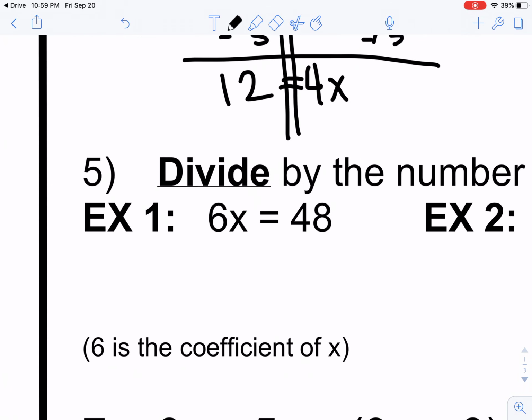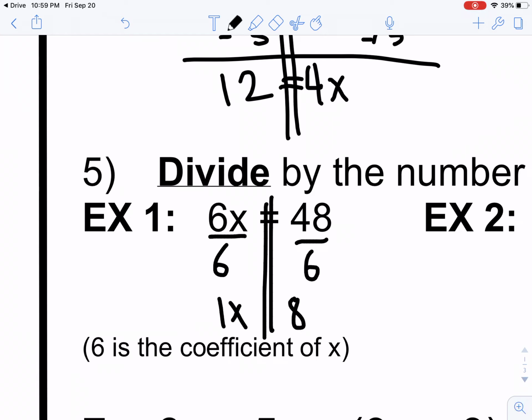So what we're going to do here is divide by the coefficient of x, which is 6, on both sides. And 6 divided by 6 is 1, so we have 1x equals 48 divided by 6 is 8. So 1x equals 8. And I'll use the 1 to create a box.